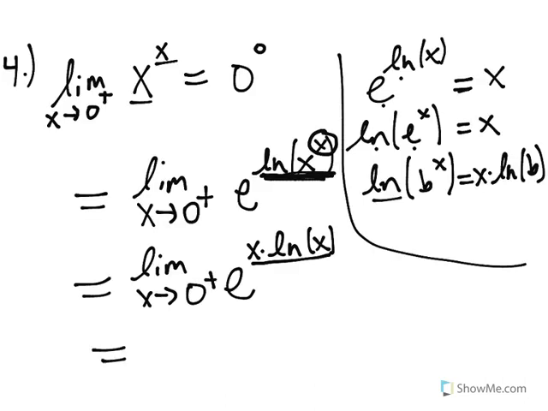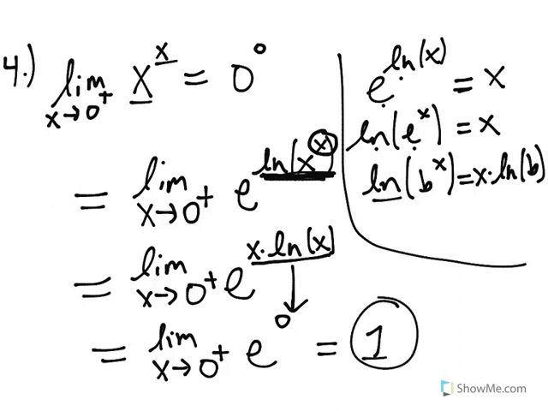So this is like saying the limit as x goes to 0 from the right of e to the, well, that whole thing right there is supposed to be equal to 0. We know that. If you didn't know that, then you just walk through the steps of what we did in problem 2 again and repeat those steps. Otherwise, I would recommend referring back to that and seeing what that looks like, but you would just do steps exactly like those. Okay, so here you go. e to the 0 is just 1. So that's what you get as your answer.